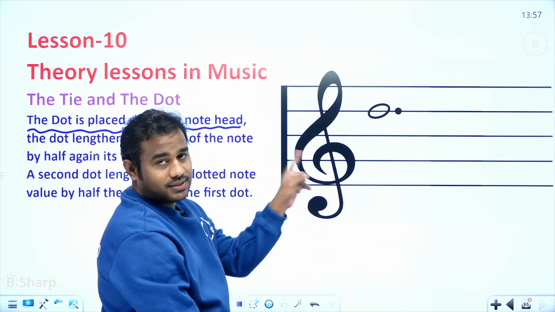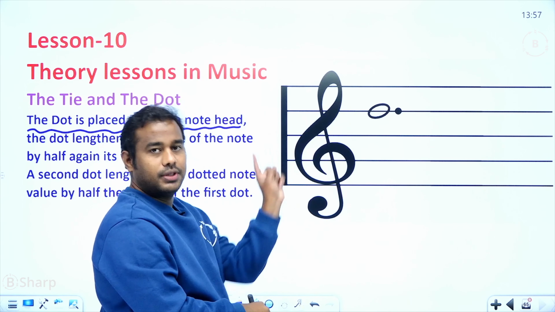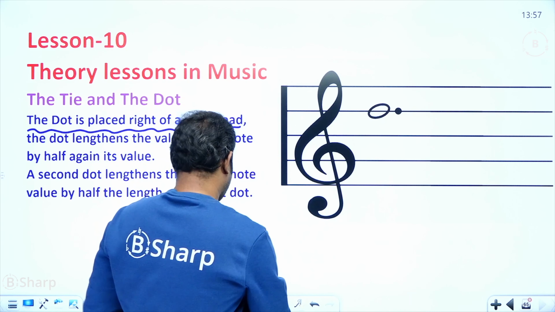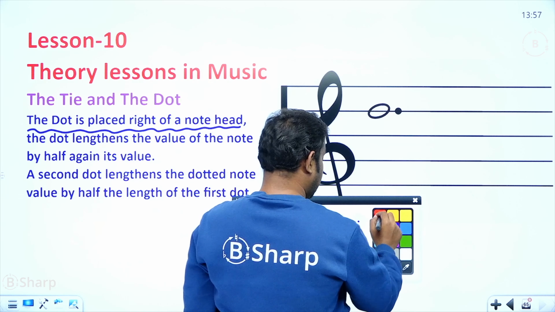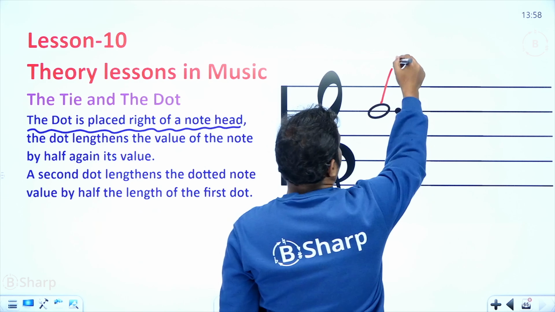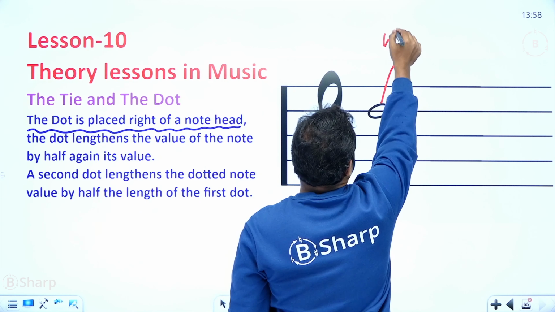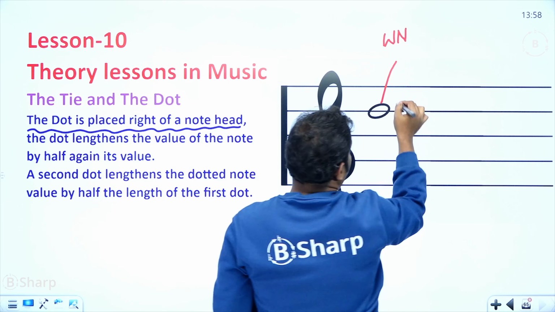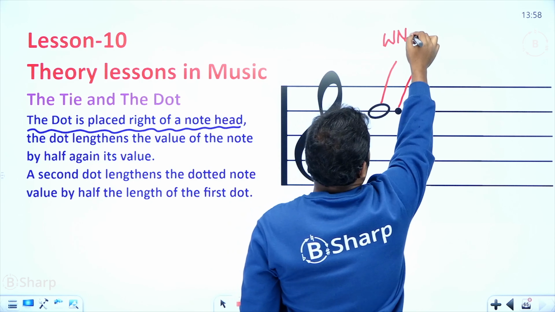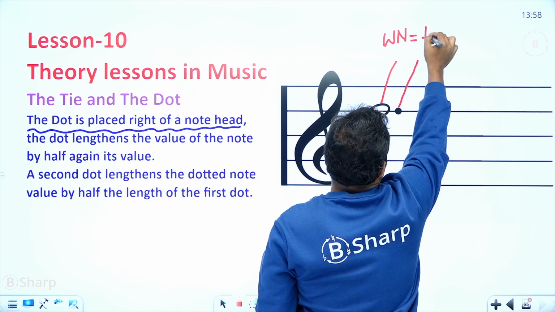So this dot is half of the note that you keep here. Say this is one whole note, so this dot will be half of this whole note.